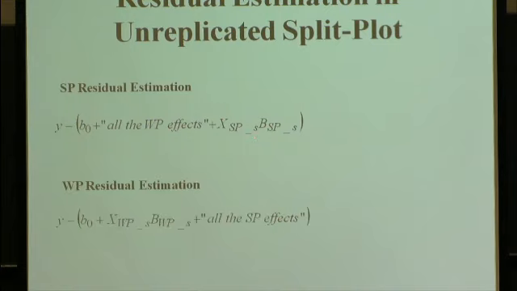And likewise, when I estimate the residuals at the whole plot level, I subtract from the actual response everything but the non-significant effects at the whole plot level. So in each stratum, the only things left out were the non-significant effects that were judged in the location effect analysis. And with that, we can then move on and analyze the residuals in each group.